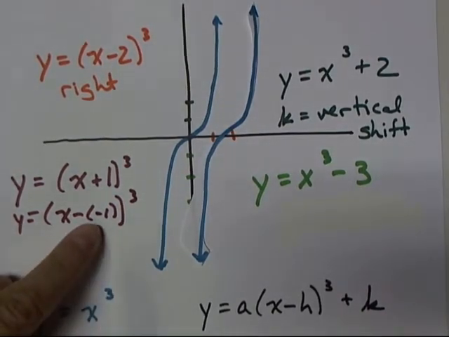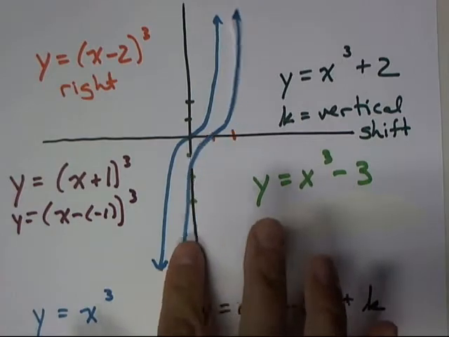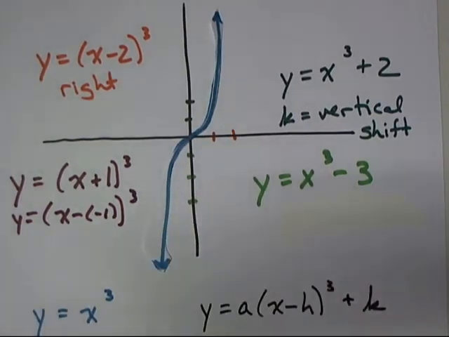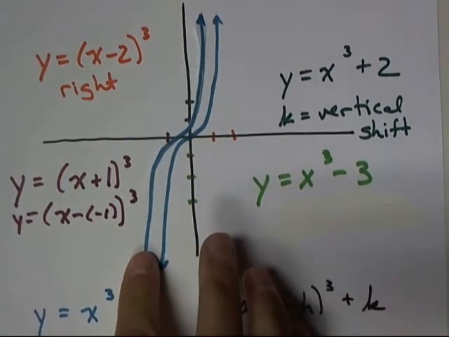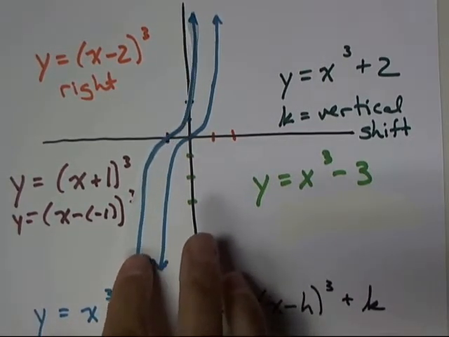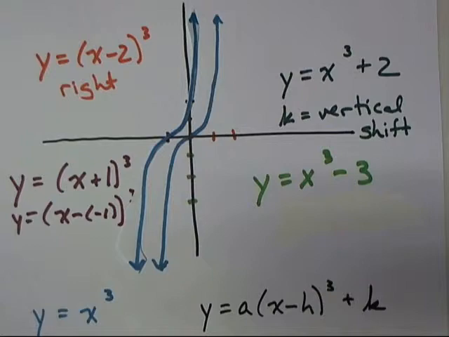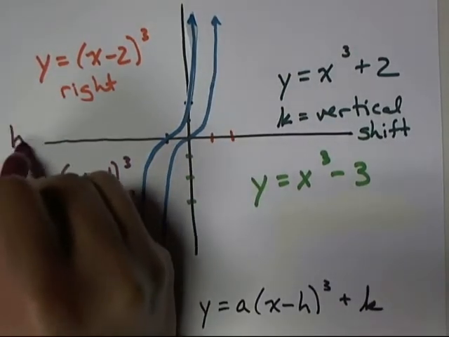So what is being shifted? It's being shifted a negative 1 units, which is why it shifts to the left 1 unit. So the h value inside is a horizontal shift.